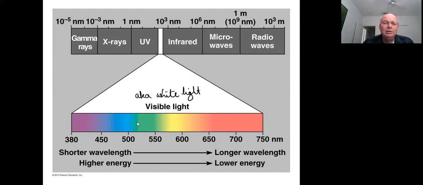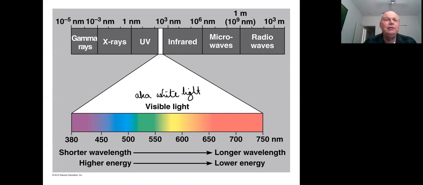Well, if we take a look again at these different colors, which, by the way, we see in a rainbow because of the ability of water to scatter the light, to split it up. The different wavelengths pass through water slightly differently, and that separates them out into their colors.